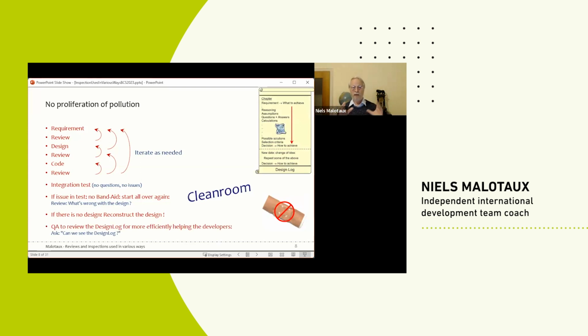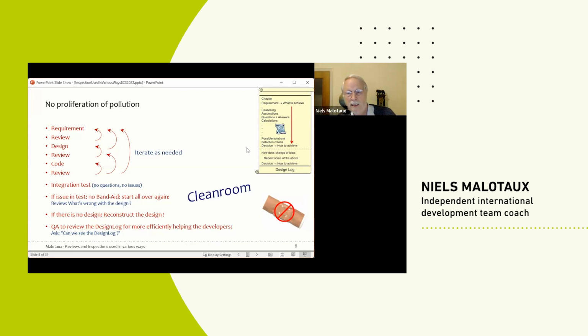So, if you ever test your own code, or have others test your code, or if you are testing code of others, ask for what I call the design log. This is what I call the design log. That's my concept of how to put it in a design text.